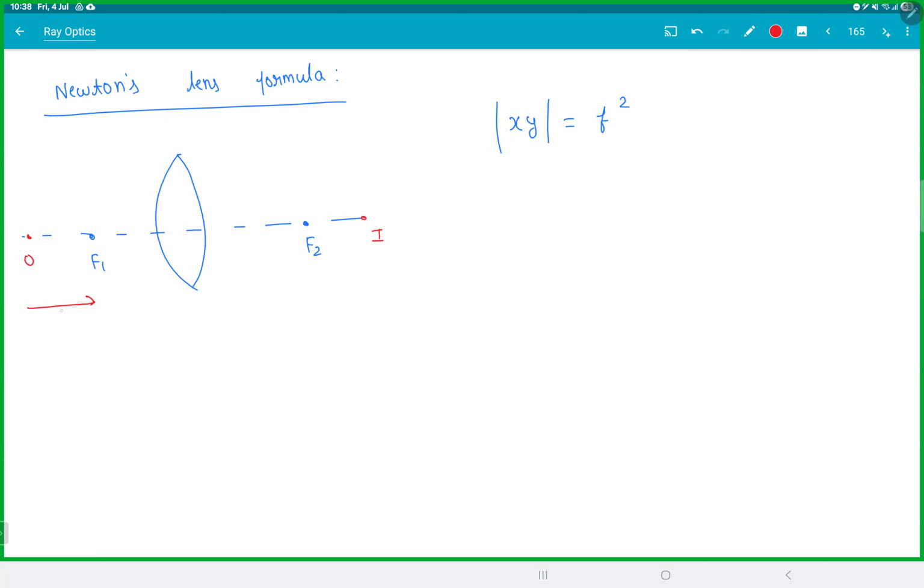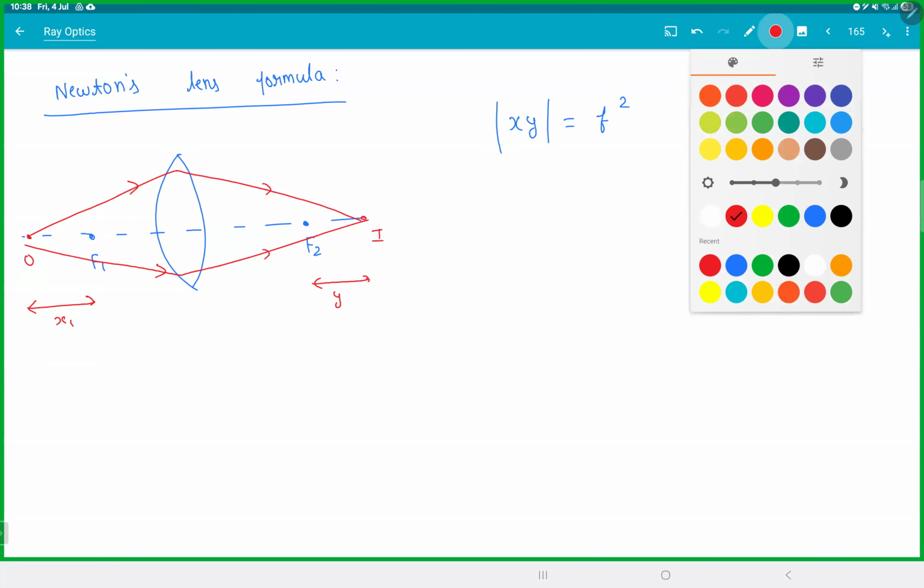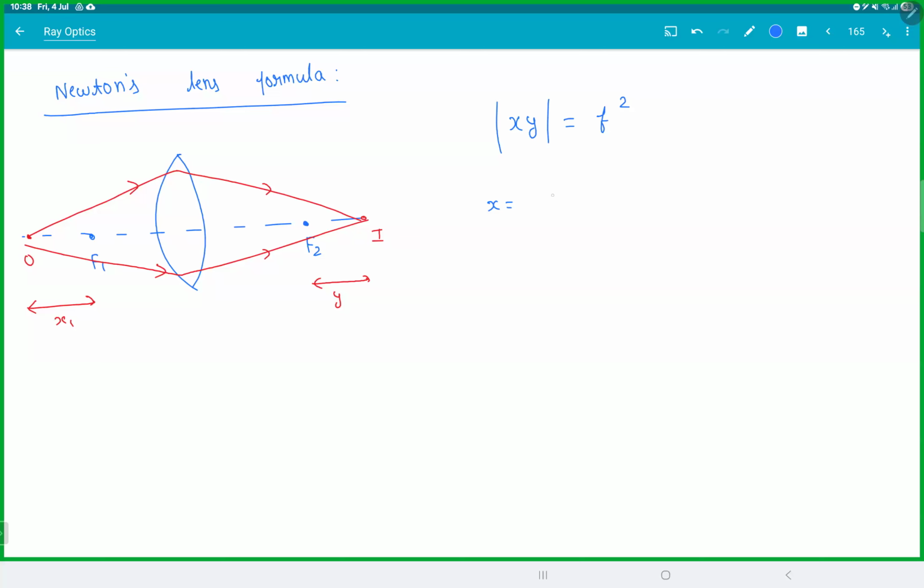So object's distance is measured from f1, image's distance is measured from f2. So how do you decide who is f1 and who is f2? The focus which is on the side of incident light rays is f1. So f1 is the focus on the side of incident rays.